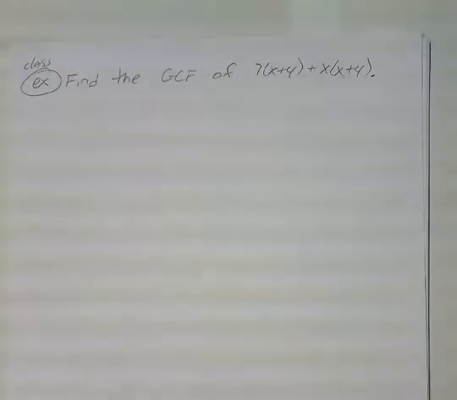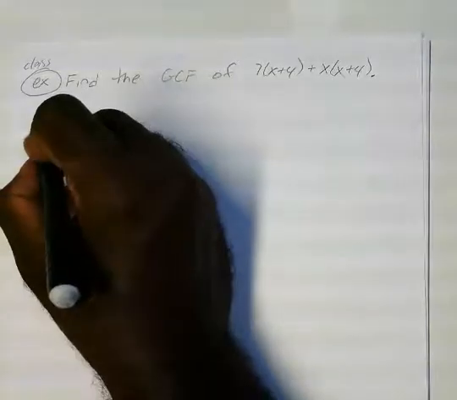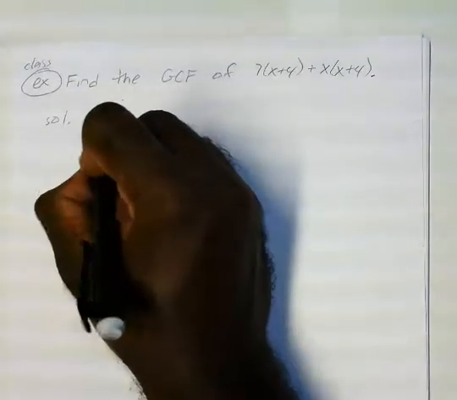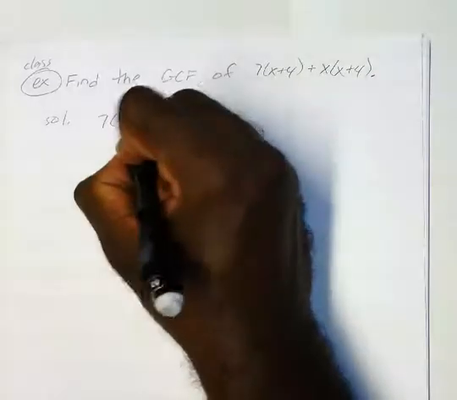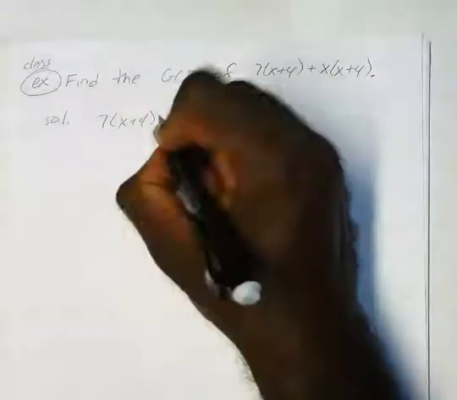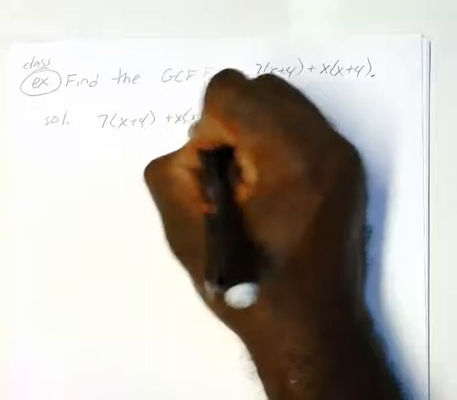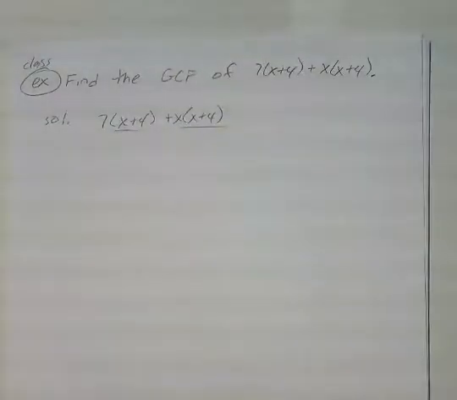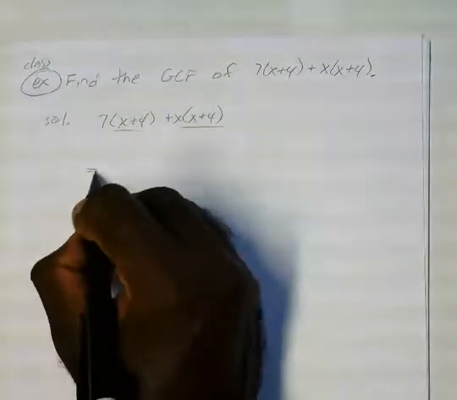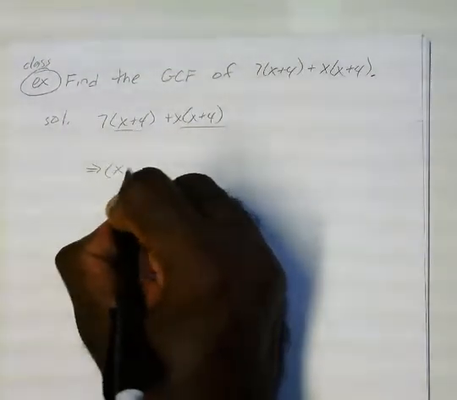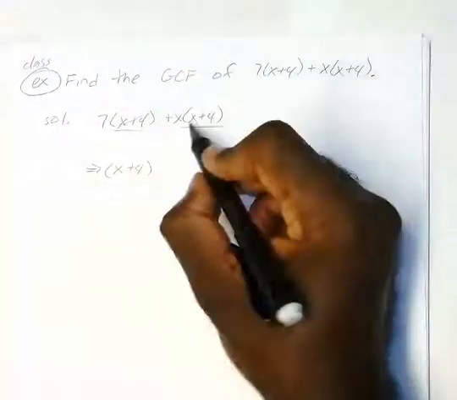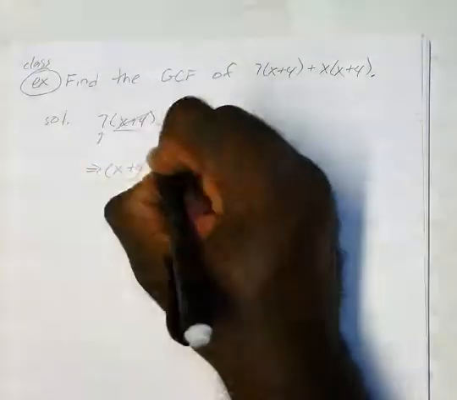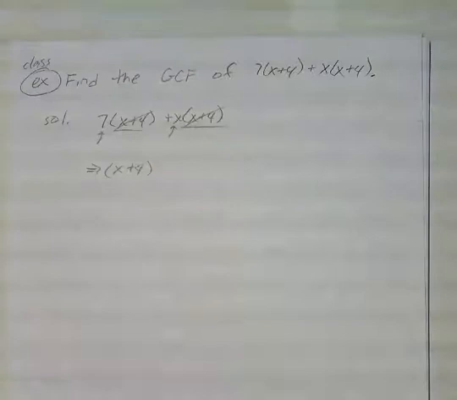Okay, so assuming you've already pressed pause and you have worked this one out. If you have 7 times (x + 4) plus x times (x + 4), you already have your common factor. So you just move that out to the front. You have (x + 4), and you go ahead and cross that out. Whatever's left goes into the other parentheses.